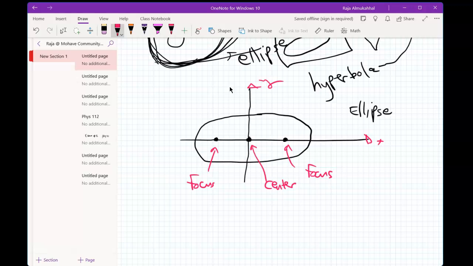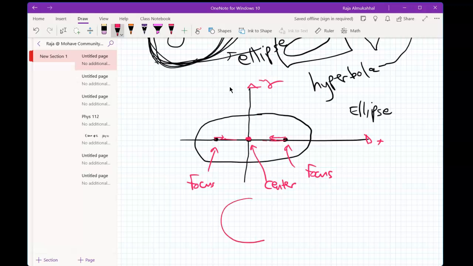Now, those two foci, if I make them closer together, if I move them closer until they both meet right at the center, what will happen? The ellipse becomes a circle.